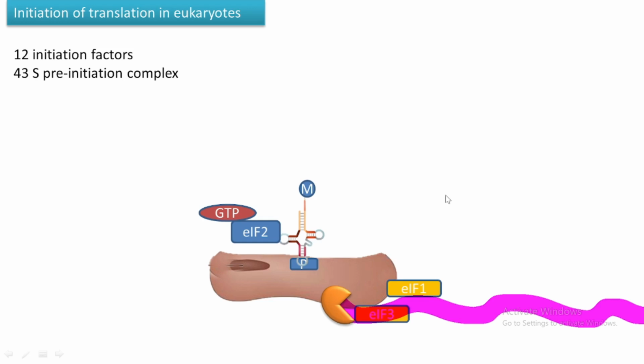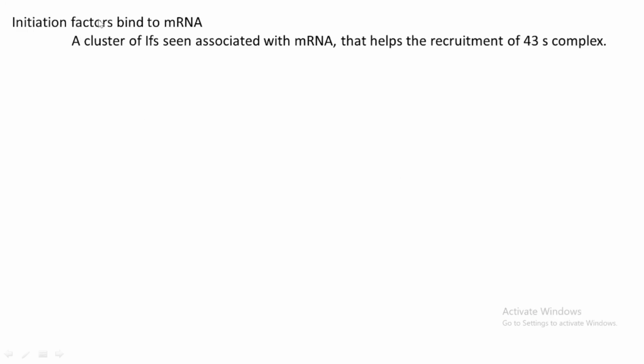Okay. Then I am going to tell you about some initiation factors that are already clustered on the mRNA. What is the role of those clustered initiation factors? They help the 43S complex to come and bind to the mRNA correctly.